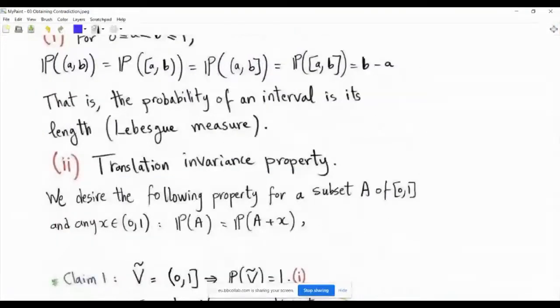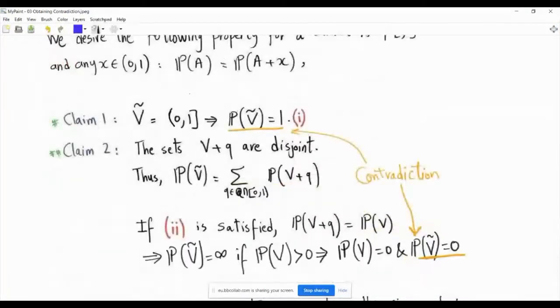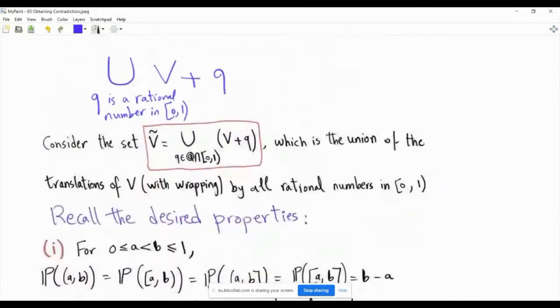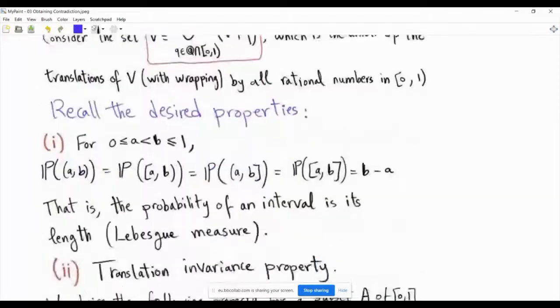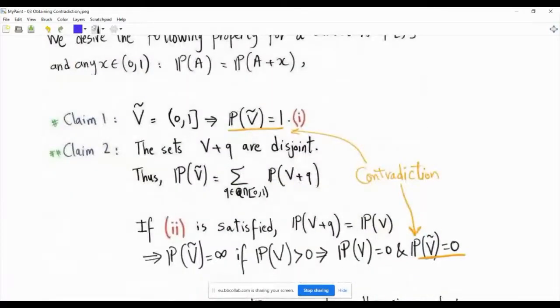Now let's see what we have. First thing, you can show that V tilde, this countable union, is exactly equal to the set from 0 to 1.